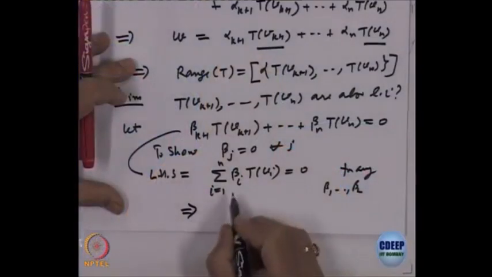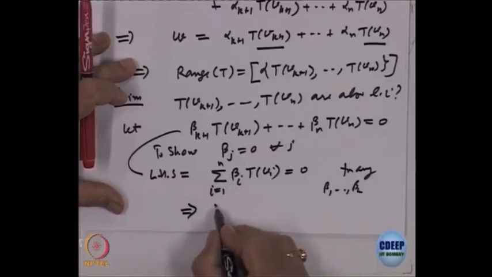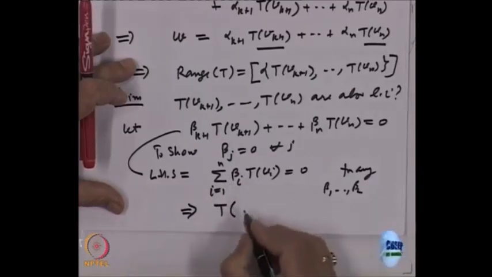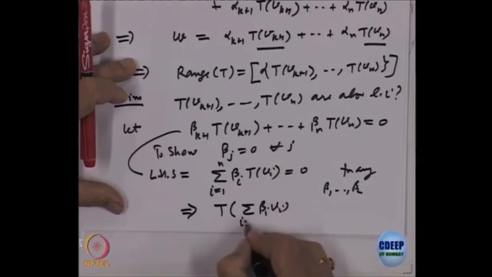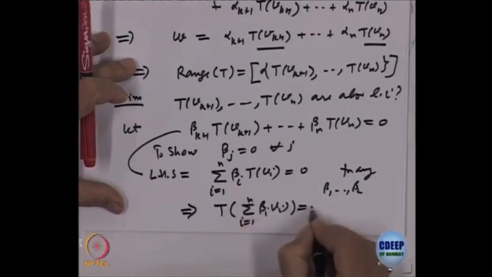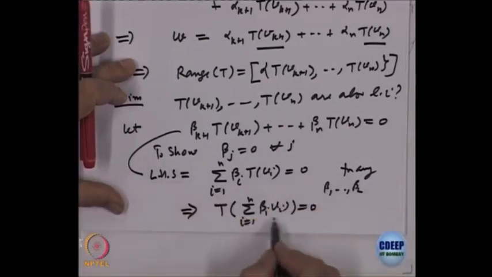So, implies linearity. Take linearity, that means T of sigma beta_i v_i, i equal to 1 to n, is equal to 0 by linearity. I am going back now. So, that means T of something is 0, that must be in the kernel, right.